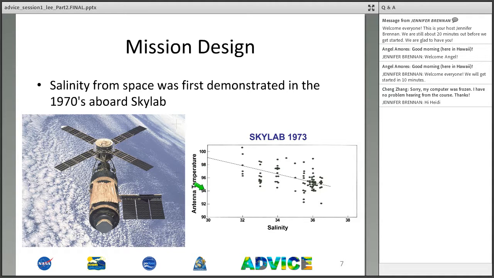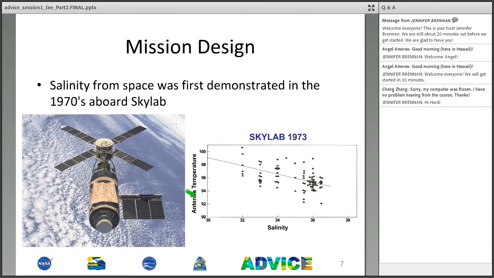It shows the dependence of the antenna temperature on salinity. So even without all these corrections for the surface roughness and surface temperature and other factors, you already see a relation between the antenna temperature and the salinity.